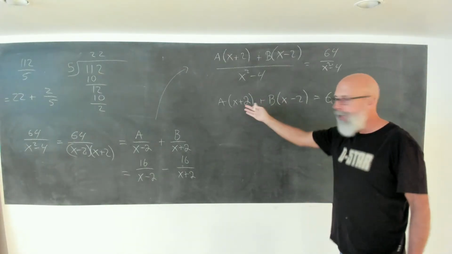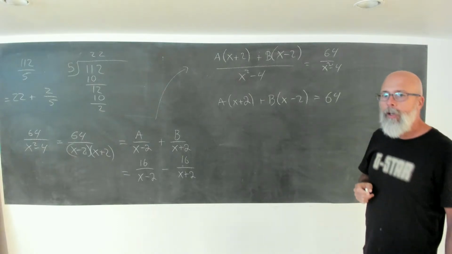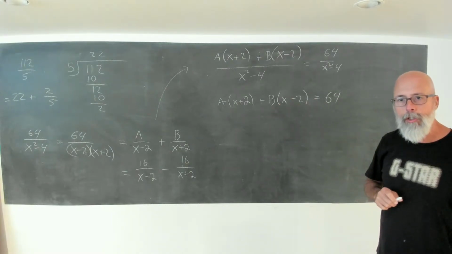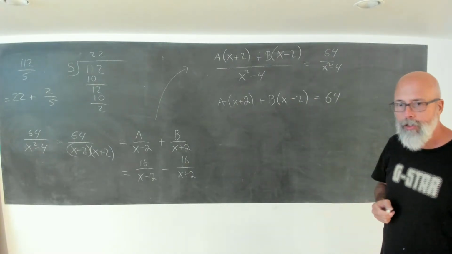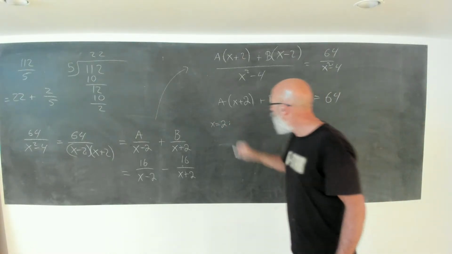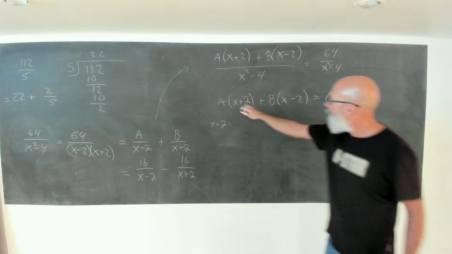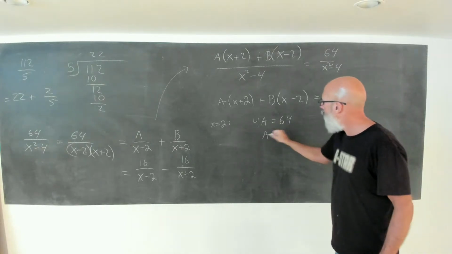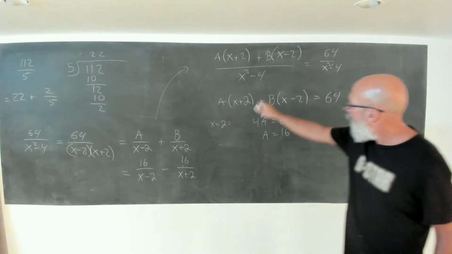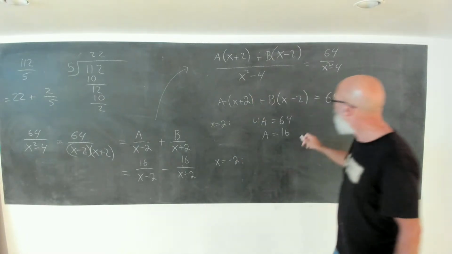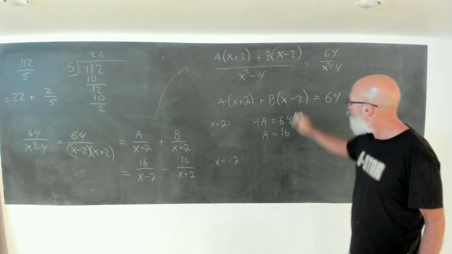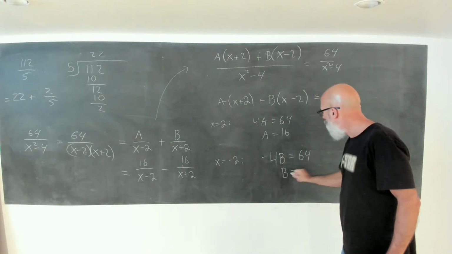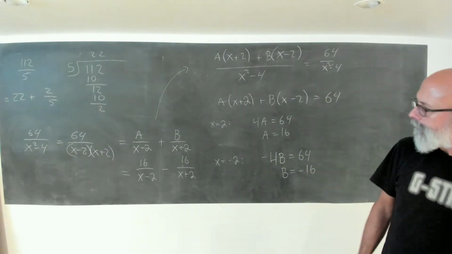And now you have two approaches. You can expand and equate the coefficients, or you can choose a good value of x. In particular, if x is 2, this disappears, so you get 4a is 64. So a is 16. And if x is minus 2, this is gone. So you get minus 4b is 64. So b is negative 16. Exactly as predicted.